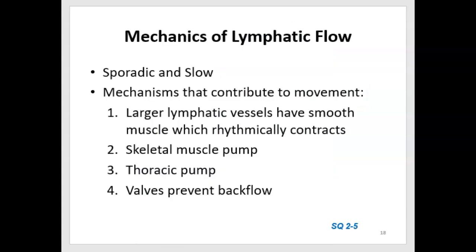Now, I mentioned previously that lymphatic flow is one directional from interstitial fluid towards those ducts and the bloodstream, but the flow is quite slow and sporadic. Mechanisms exist to help make it move, and because of the presence of the valves, it's going to move in one direction. And these mechanisms that help the movement of lymph are like the mechanisms that help blood flow in the veins.